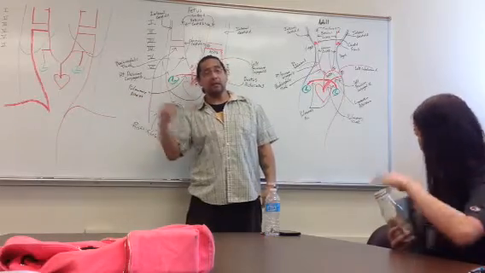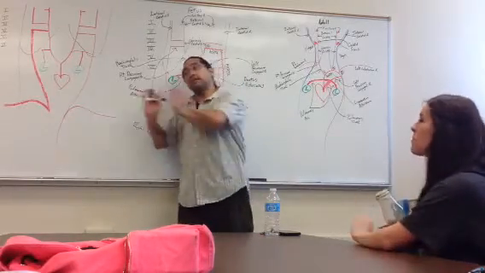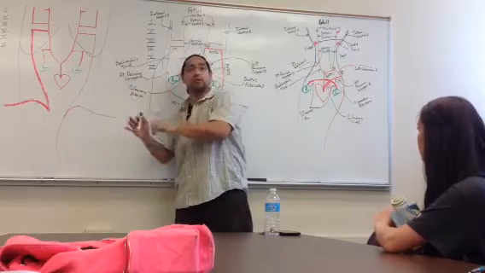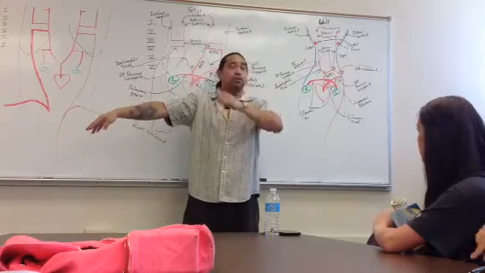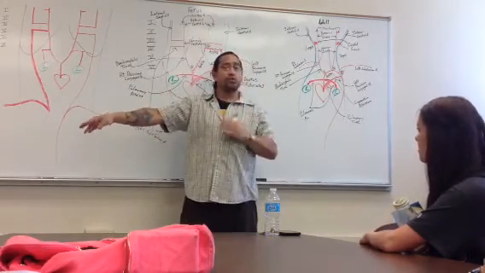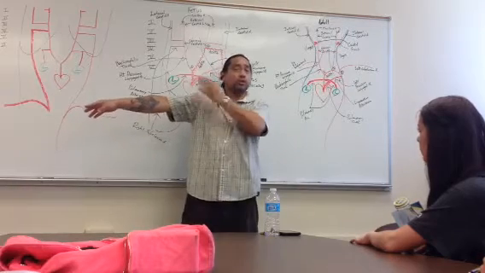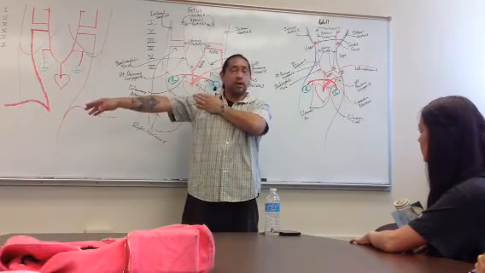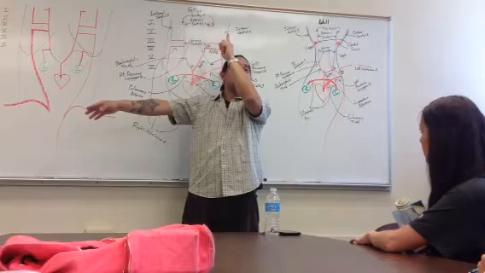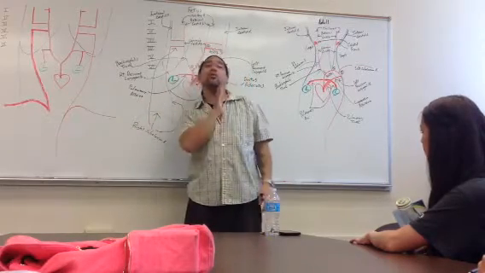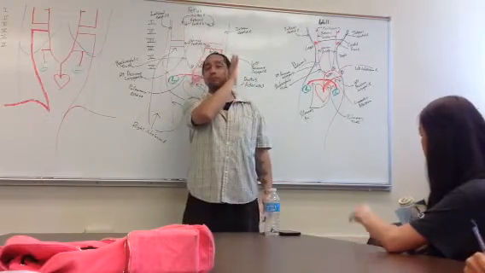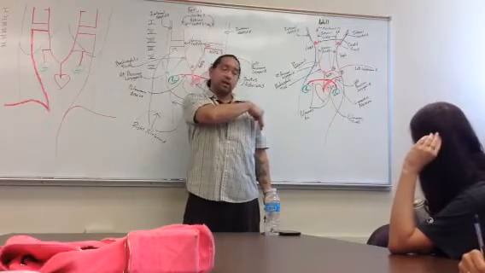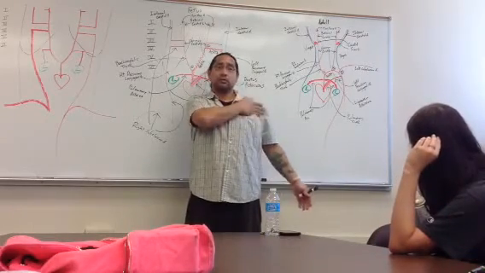Right side is first, so you want to supply the things on the right first. And isn't your arm lower than your head and your neck? So when you're doing the brachiocephalic, what should come first? The right arm, and then what comes next? The right side of the head and neck, then the left side of the head and neck, and then the left arm.